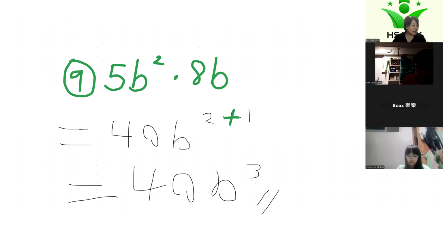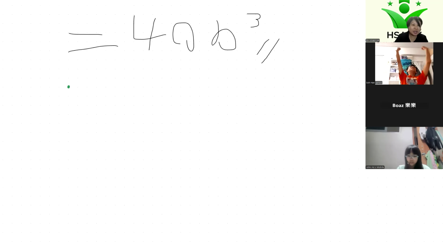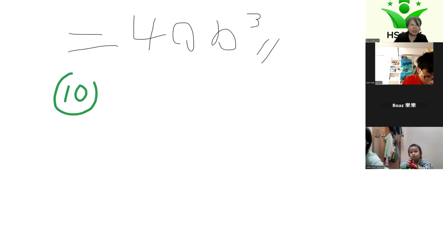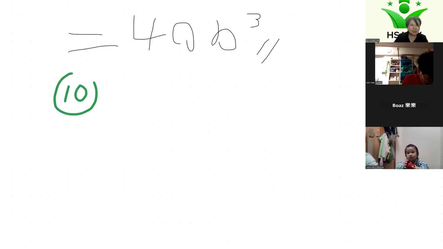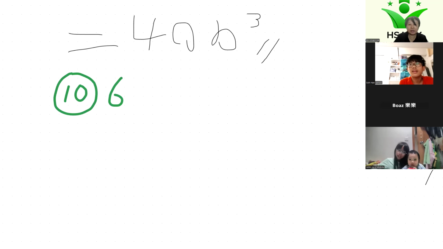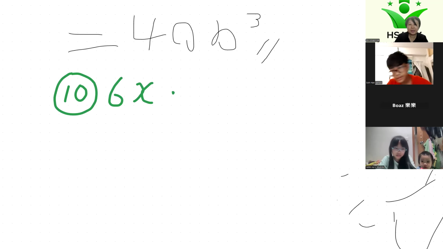Santos, you prepare for the next question. If you pass this question, we will move to the divided rule. Okay. 6x times 6x to the third power. Santos, can you do this?